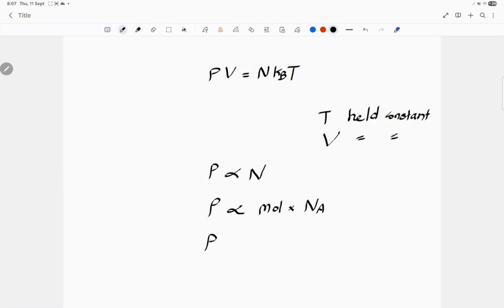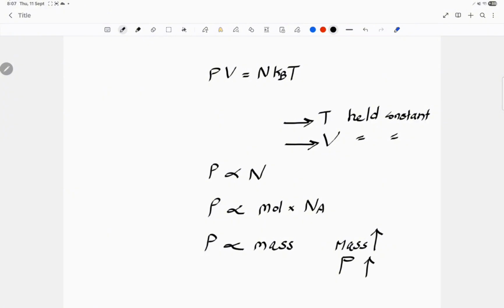And if you want to increase the mole of the gas, you simply have to increase the mass of the gas. That means if you inject gas in a container with the temperature held constant, with the volume held constant, you will be basically increasing the mass of the gas, which will result in the increase of the pressure exerted by that gas.